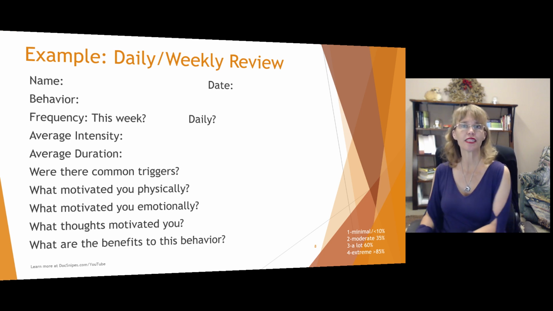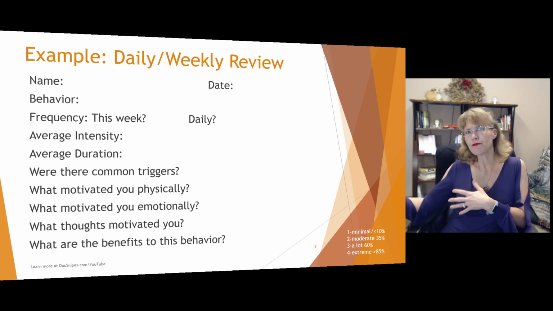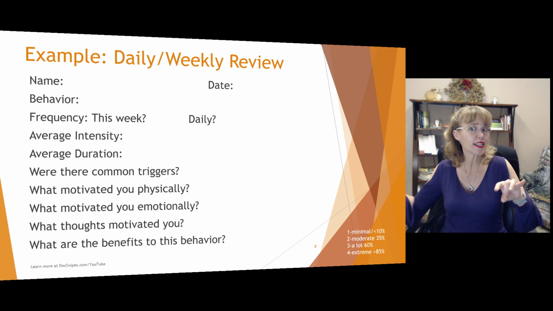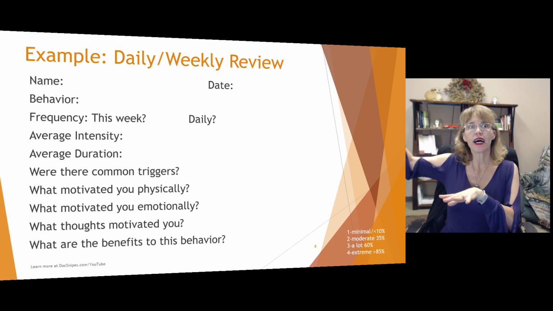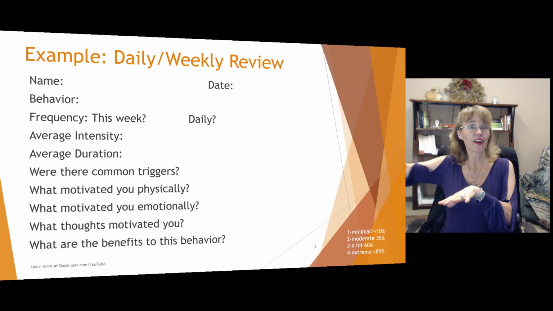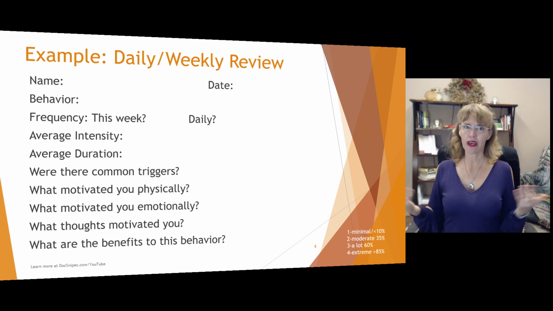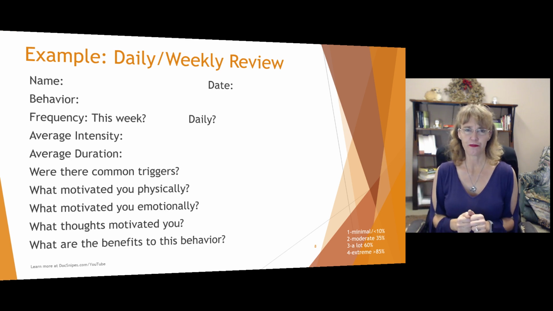But then something started to change, and they were seeing that Mondays, Tuesdays, and Wednesdays seemed to be a lot lower. But Thursday, Friday, Saturday, and Sunday all of a sudden actually increased. So that's something that you want to look at and say, okay, what's different on those days?